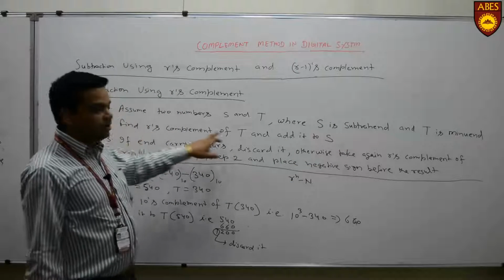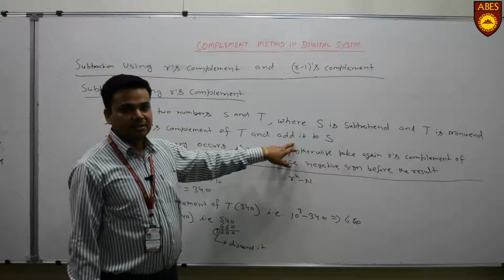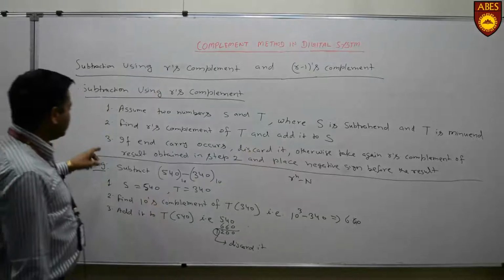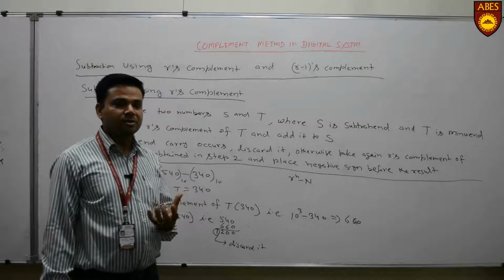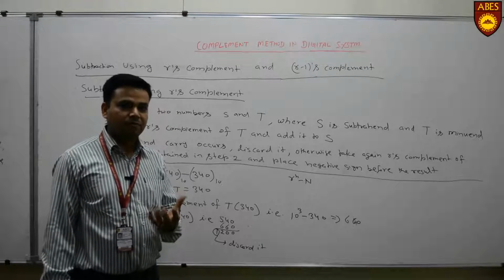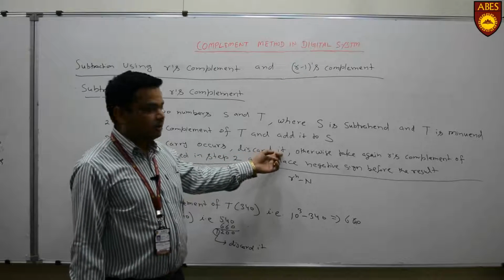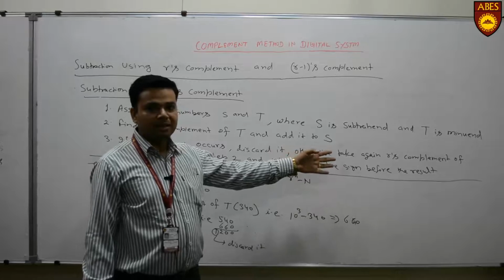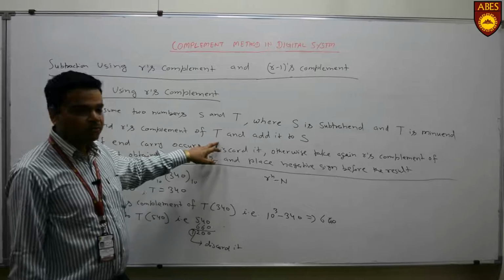Find the r's complement of t and add it to s. In the third step, after adding these two numbers there is a possibility of a carry. If an end carry occurs, then discard it.